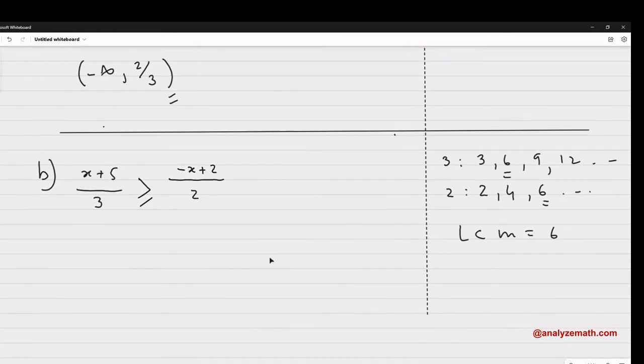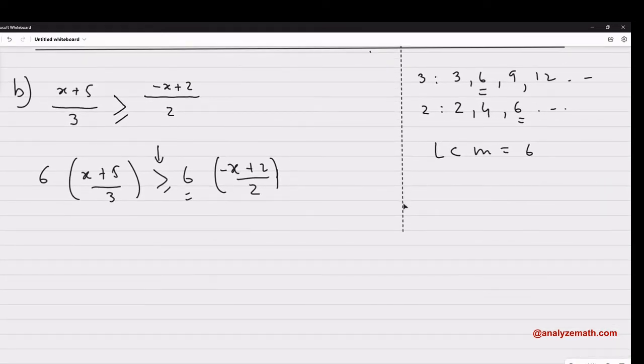We go now to our inequality and we multiply all terms by 6. So 6 times (x plus 5) over 3, bigger than or equal to 6, and then negative (x plus 2) over 2. We multiplied by 6, which is a positive number, so no need to change the symbol of inequality.